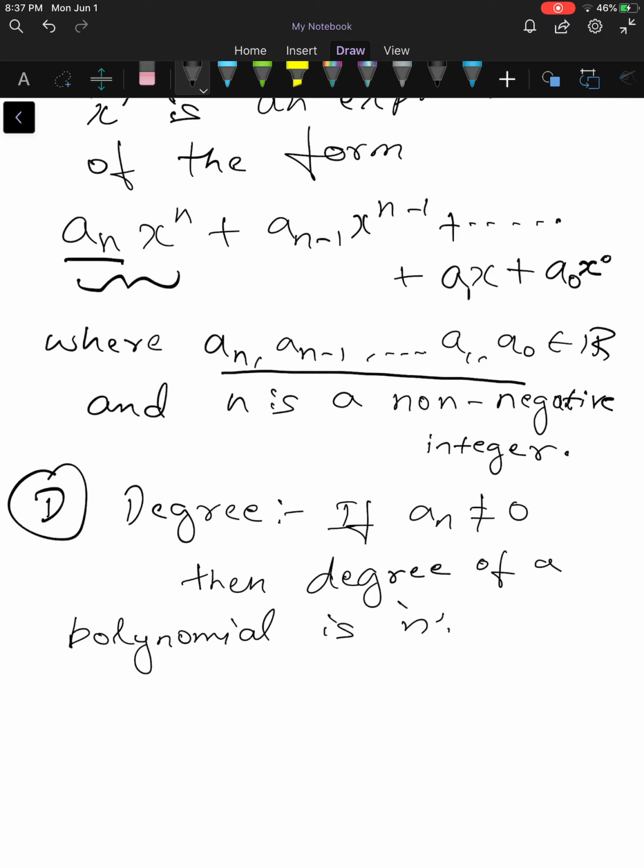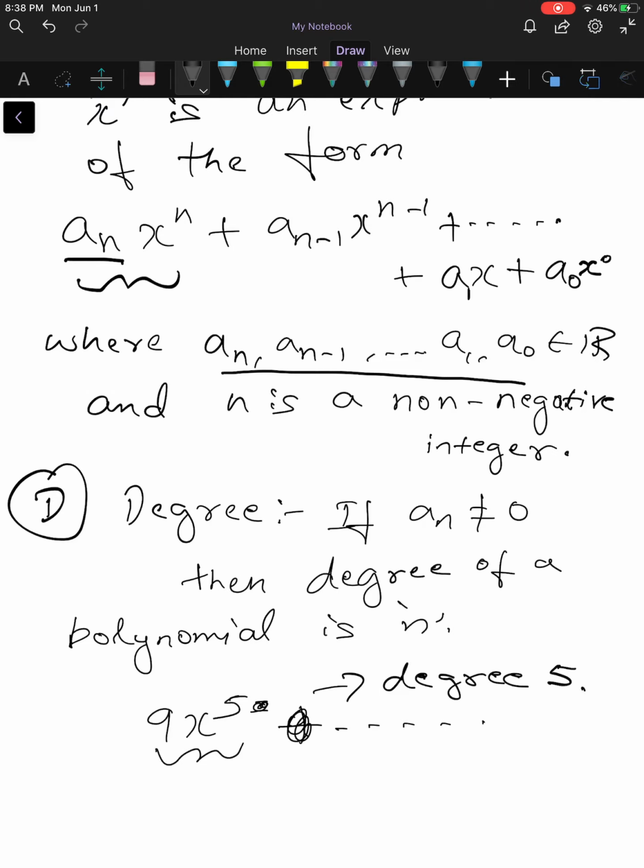Therefore, if you have a monomial of the form, say 9x^5, this is the highest thing, you don't have any other terms. All your a_4, a_3, a_2, a_1 and a_0 are all 0. So this is a monomial, and it has degree 5.